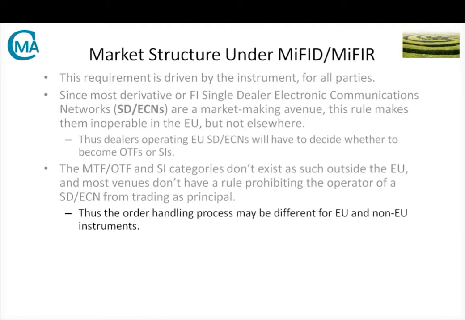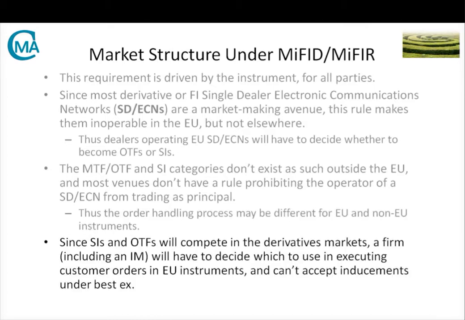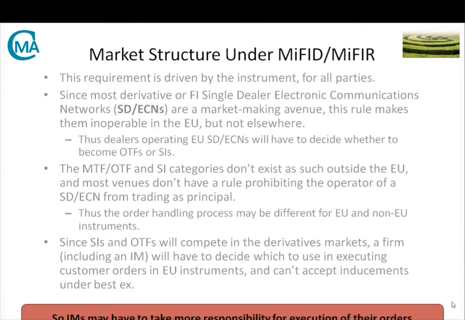And once again, this breaks down for an asset manager who has some EU clients and some not. And you can't accept inducements under Best X for EU customers, but you could for non-EU customers.